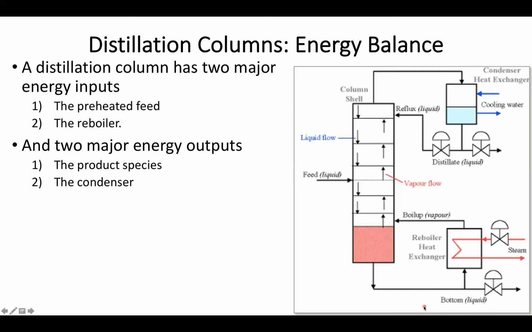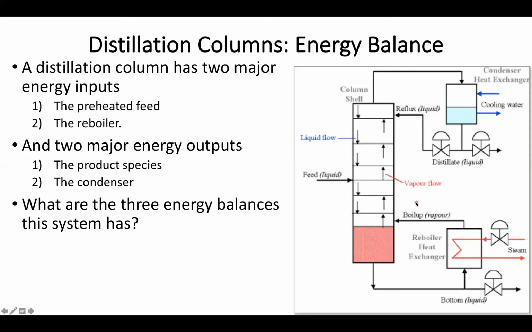So my bottoms will be rather low energy, while the distillate will be relatively high energy. However, a fair amount of this energy will be lost to the condenser along the way. So in this case, the condenser is how most heat should be fleeing the system, as long as you have good insulation on the column as a whole.